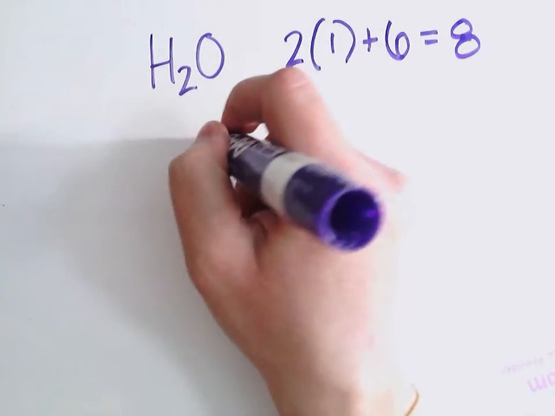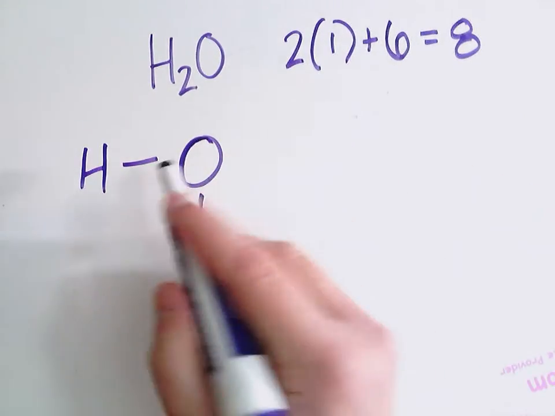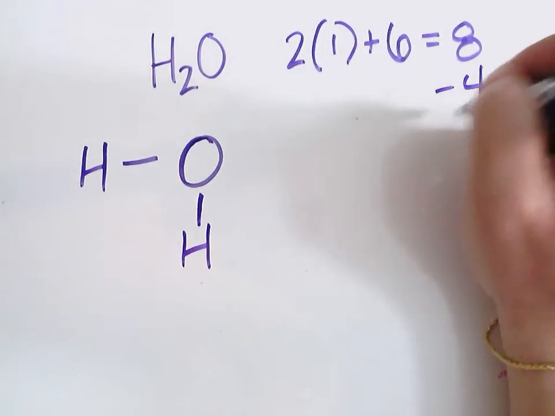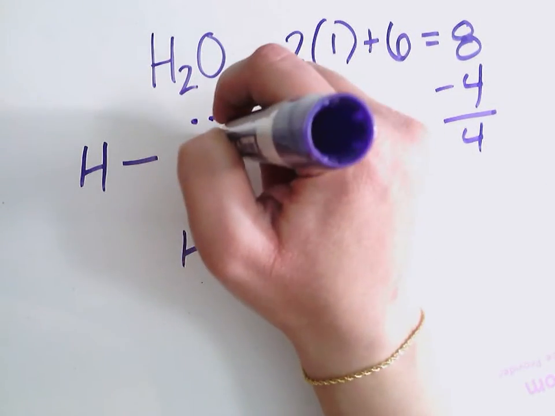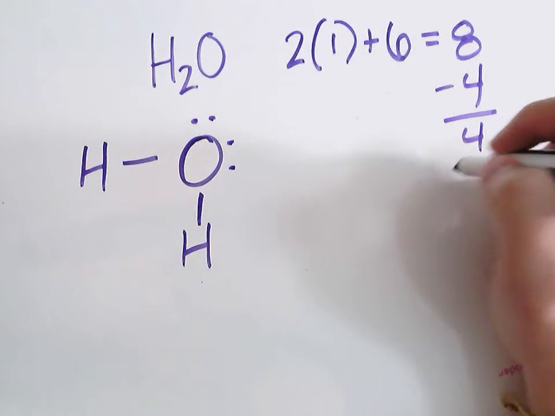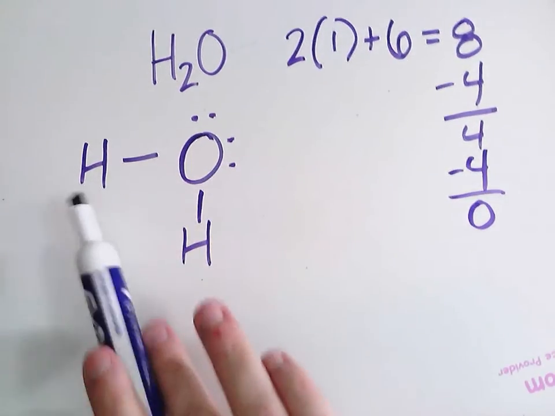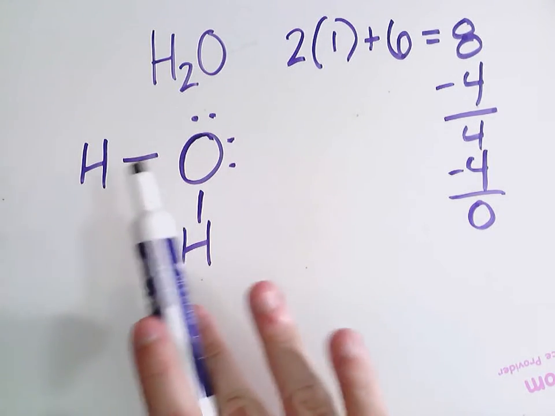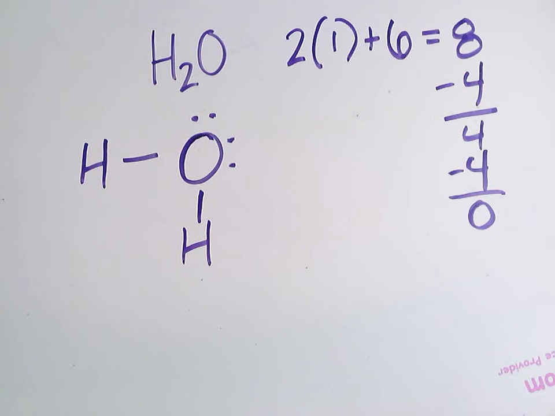Oxygen's going to be my central atom. I'm going to bond it to my hydrogens. So that's 2, 4. So I have 4 left to use. 2, 4. Remember, I did not put those lone pairs on my hydrogens because my hydrogen only wants 2 valence electrons there, and it has that.